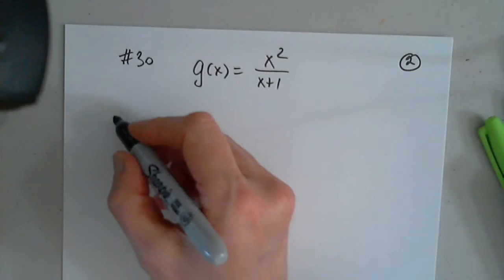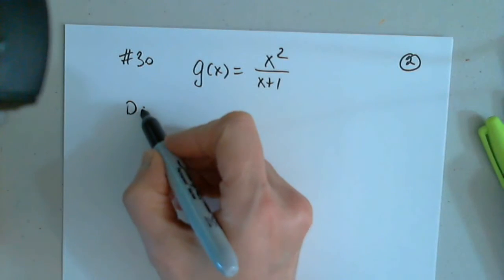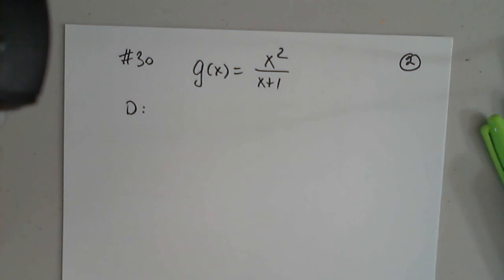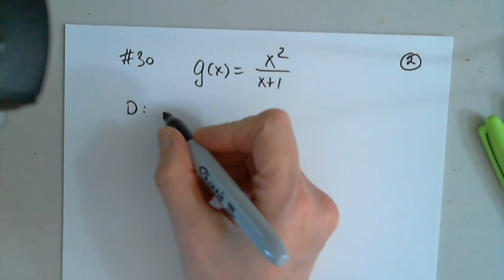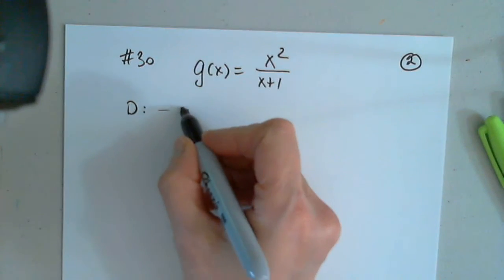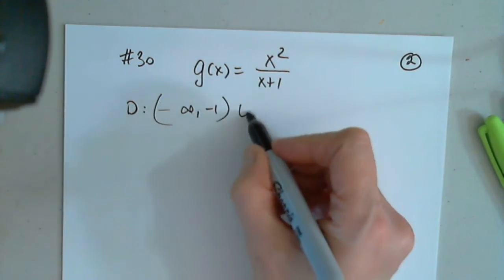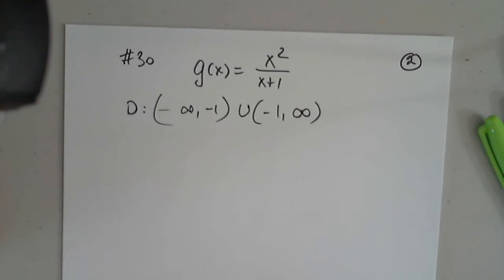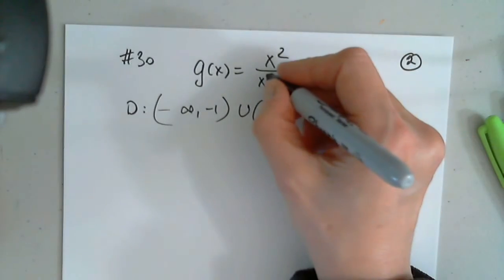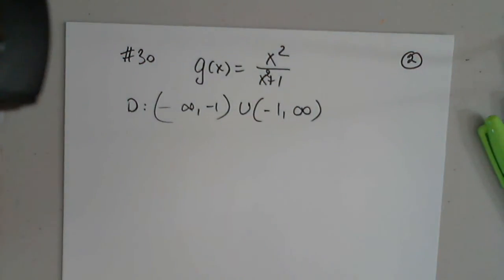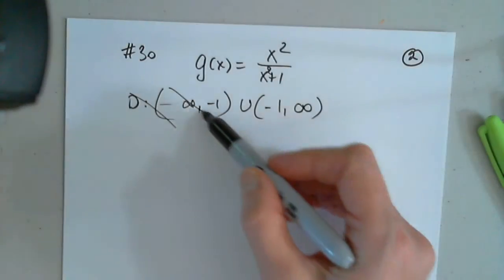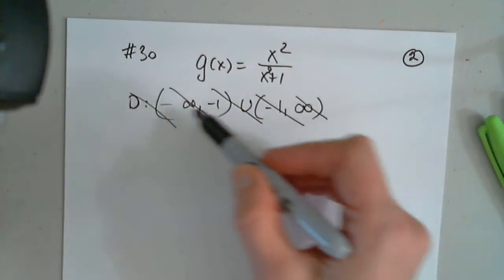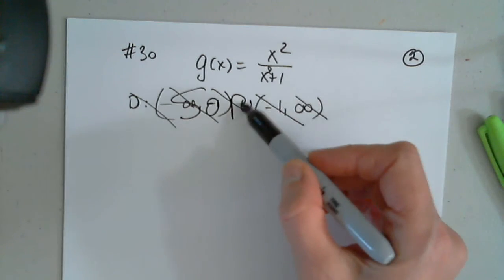Okay, so first of all, I have to find the domain. Can anyone give us the domain of this function? All real numbers except for -1. Excellent, thank you. But isn't it x squared plus 1 on the bottom, not x? Very good. Sorry.